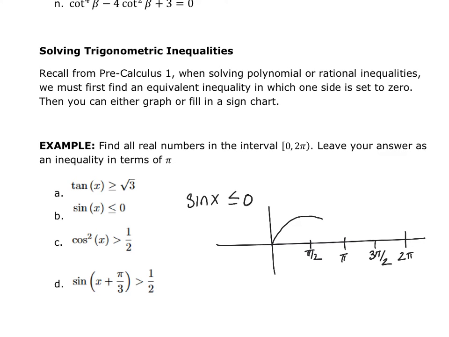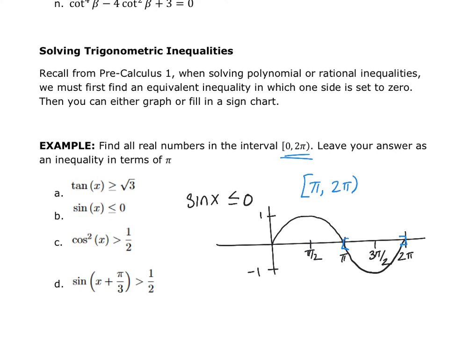It goes up, and then it goes down, and so it comes up to 1, and it goes down to -1. And I want to know where I am less than or equal to 0. Well, on my sine graph, my values that are less than or equal to 0 is between pi, inclusive, to 2 pi. And it's non-inclusive of 2 pi.